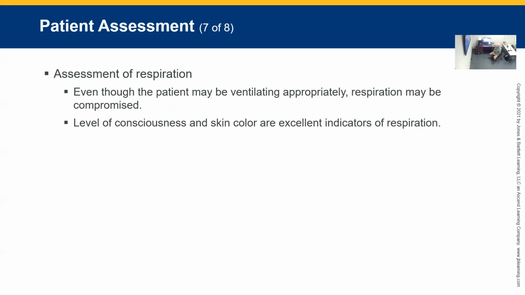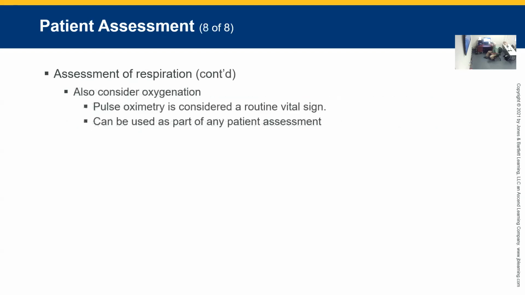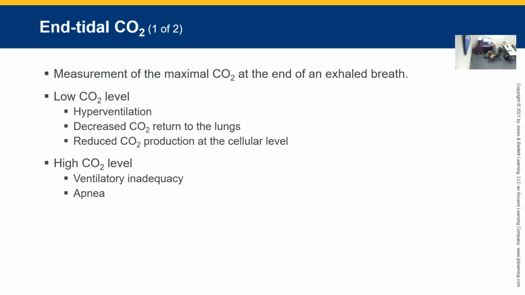If they get less than that, then you need to at least start out with a nasal cannula. If it's much lower than that, then you want to start out with a non-rebreather, and we'll talk a little bit about that. But if they're having a lot of trouble breathing, the first thing you want to do is put them on oxygen. And again, we'll go over that. So pulse oximetry is part of any of your patient assessment.